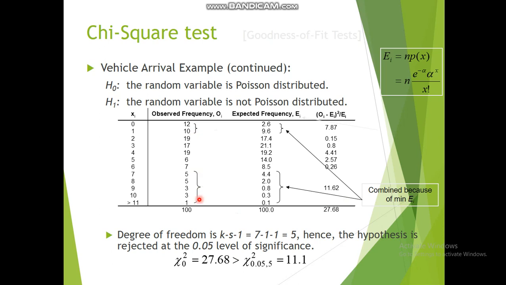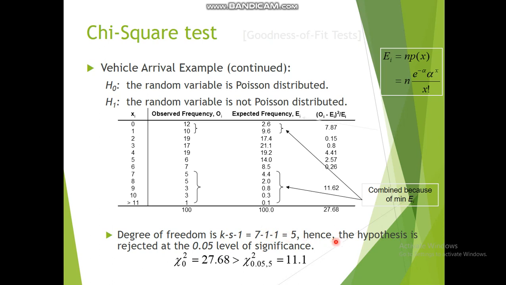Here s is considered to be 1, because in this problem, as we did in the previous slide, we estimated a single parameter, the lambda value 3.64. So k minus s minus 1 is 7 minus 1 minus 1, which gives 5.